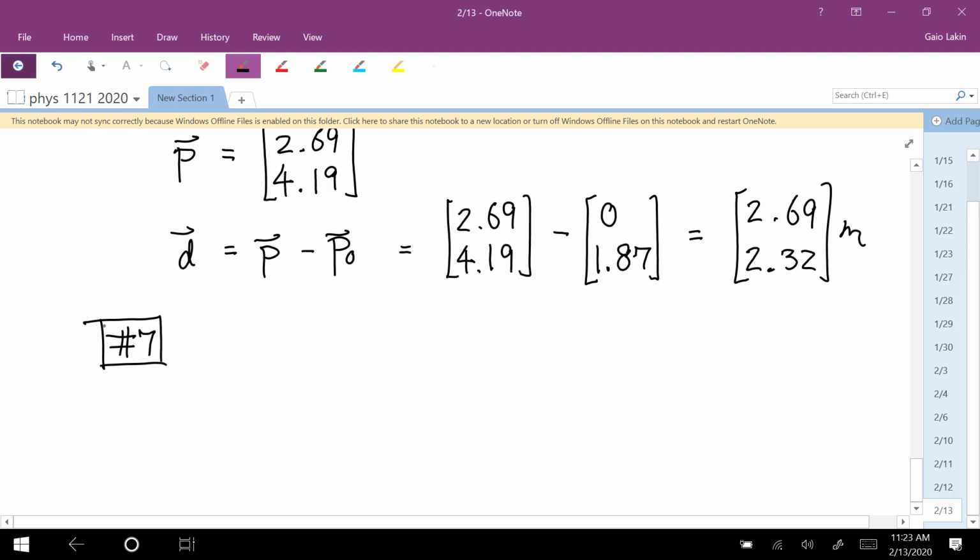Okay, so this is the one where a car is moving and an object is dropped from the car. So the car is moving this way with an initial speed v.